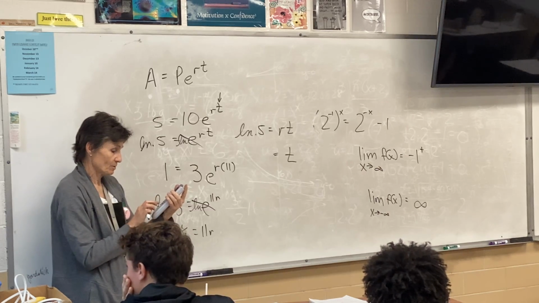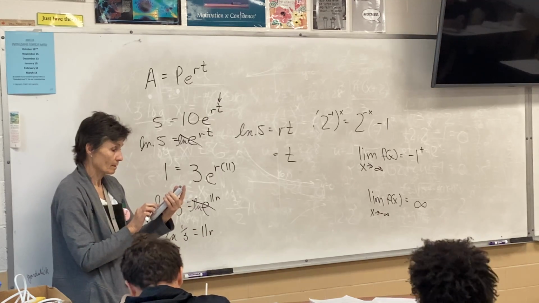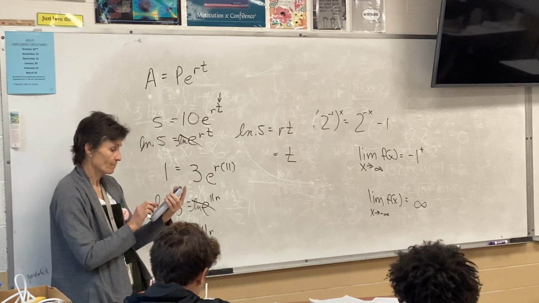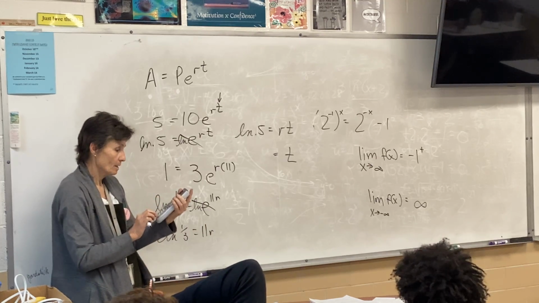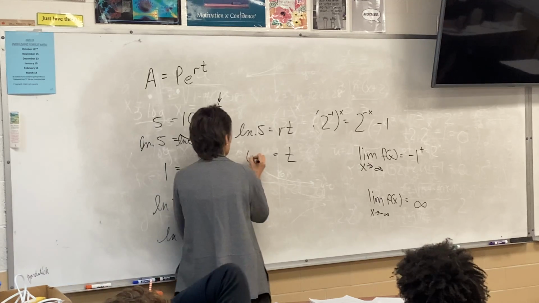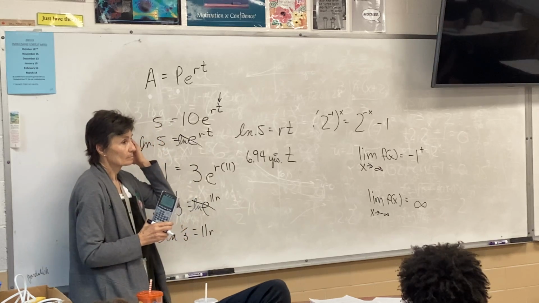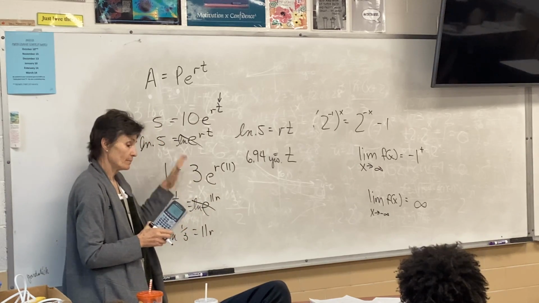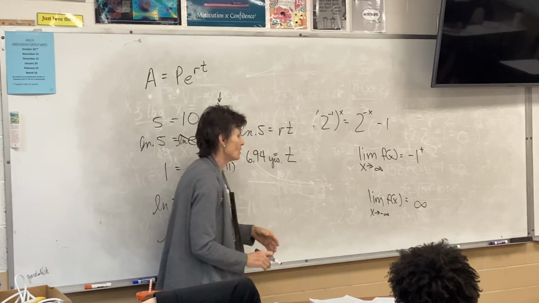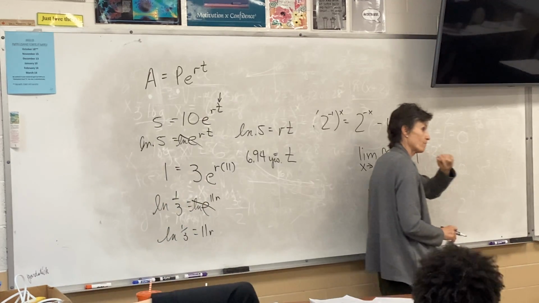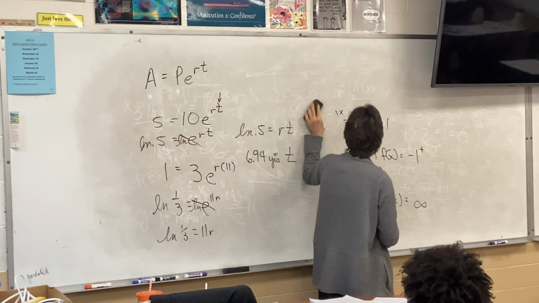So let's see, do it again. I got 6.94 years. Okay, so sometimes this has happened with these. We can't always, in our first equation, get what we want. Sometimes you have to do a little background work.